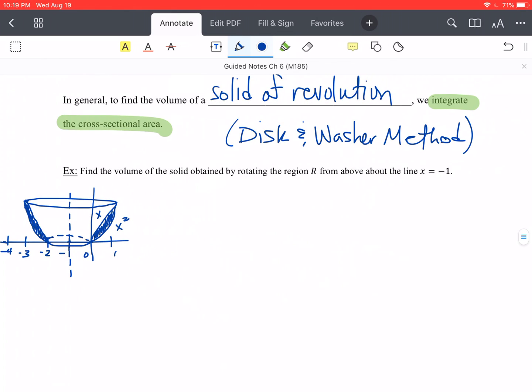So when we are setting up the cross-sectional area, because we're rotating horizontally like that, we need to use y as our variable. Okay, so again, horizontal rotation, use y as the variable. So this is A of y.